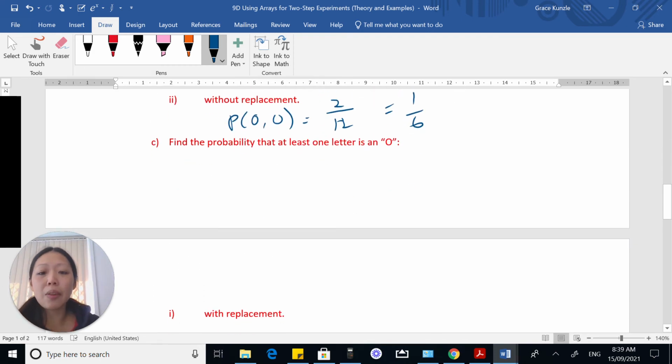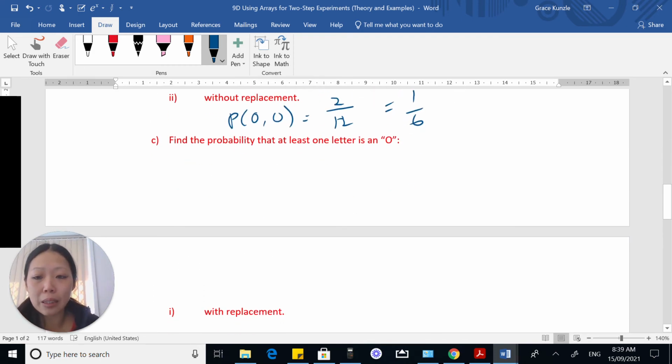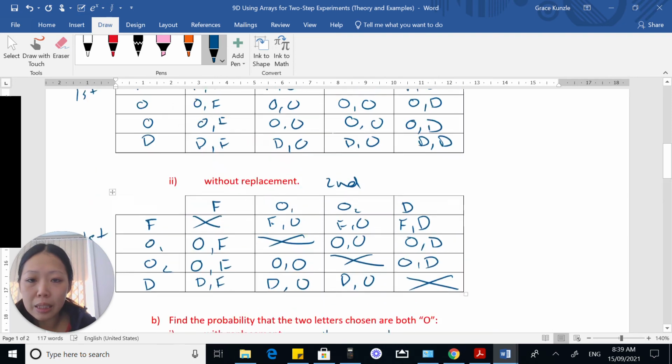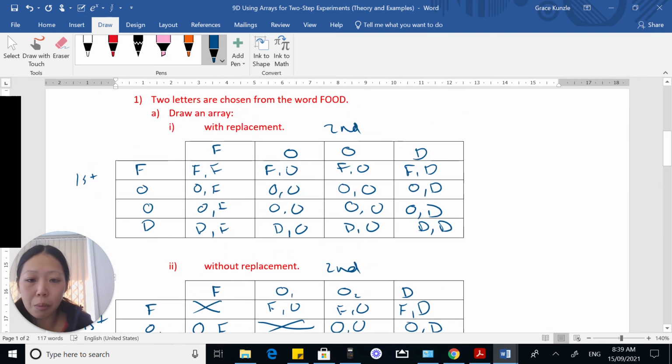Next one is find the probability that at least one letter is an O. Let's move this one down to the next line. At least one is an O. Let's count. 1, 2, 3, 4, 5, 6, 7, 8, 9, 10, 11, 12.